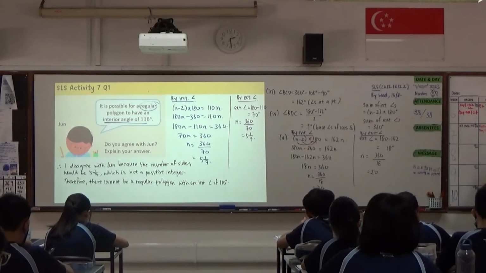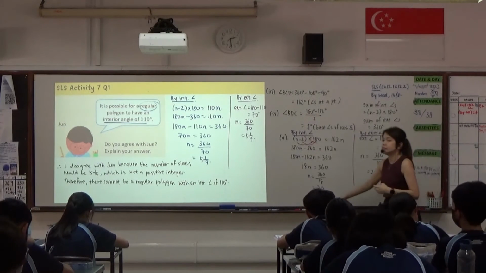Okay, therefore we cannot have an interior angle of 110 degrees.